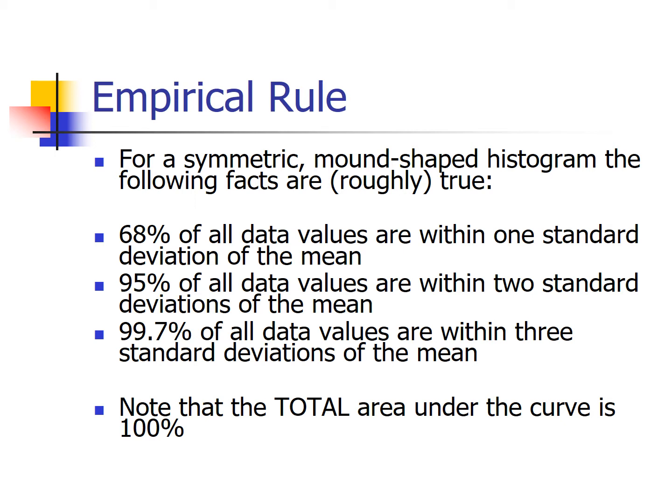So the empirical rule says this: for a symmetric mound shaped, I don't know why I used that phrase, whatever book I copied it from must have used mound shaped. It's probably more commonly referred to as bell shaped. So for a symmetric, bell shaped histogram, the following facts are, with a little bit of rounding, true. 68% of all data values are within 1 standard deviation of the mean. 95%, so almost all data values, are within 2 standard deviations of the mean.